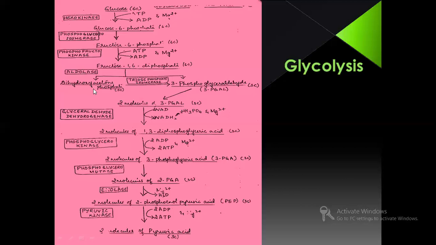The DHAP, the cleavage product of fructose 1,6-diphosphate, isomerizes into one molecule of 3-phosphoglyceraldehyde in the presence of triose phosphate isomerase. So as a result, we have two molecules of 3-phosphoglyceraldehyde. Am I clear?